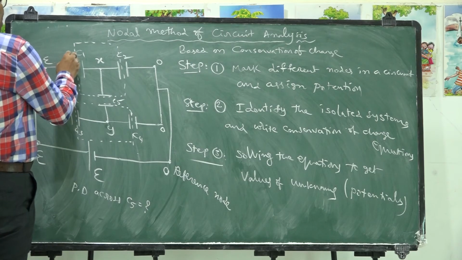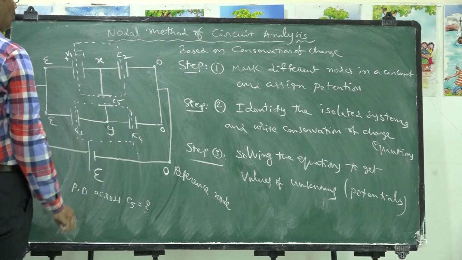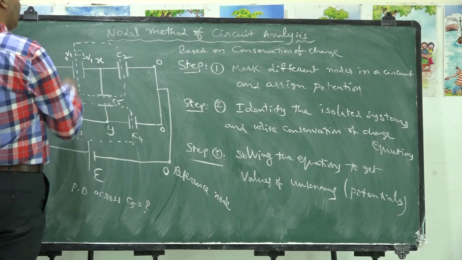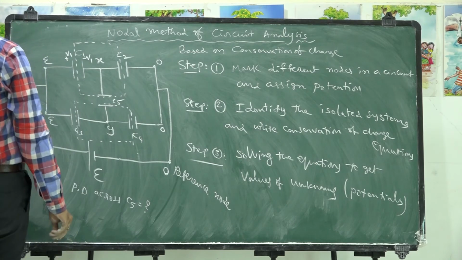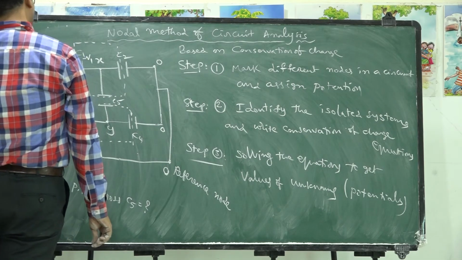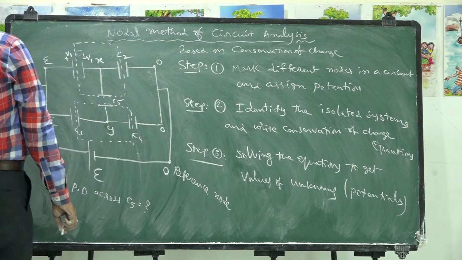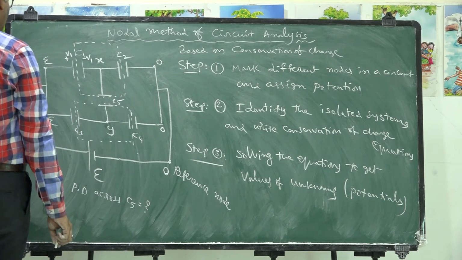Suppose here plus Q1 charge is there because it is connected to positive potential of the cell. Obviously here minus Q1 will be there. I need to find this charge available on the first capacitor. How to find it?